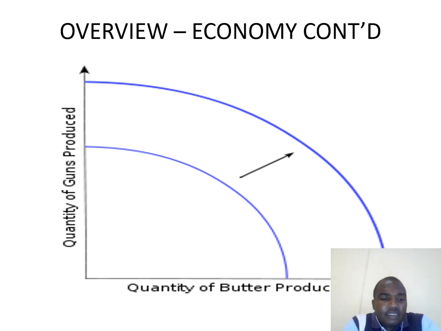This slide number 23 shows us the outward shift of the PPC, maybe because of economic growth or because of new resources that have been discovered in the economy.